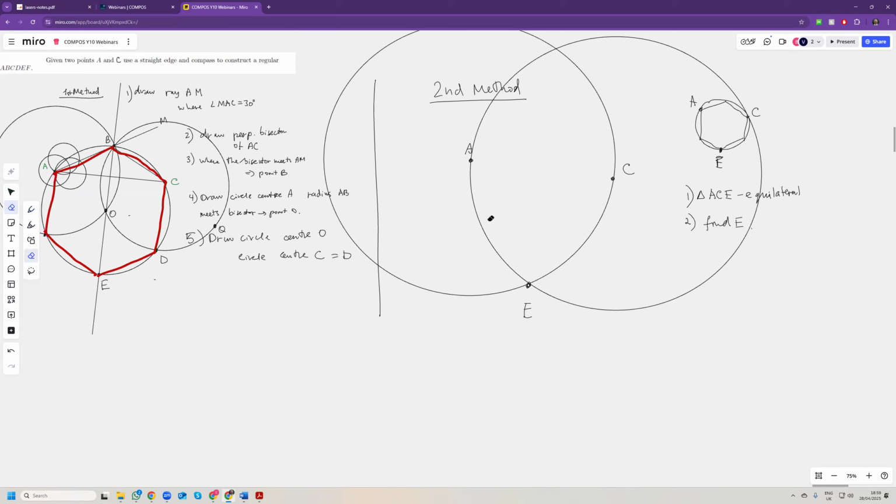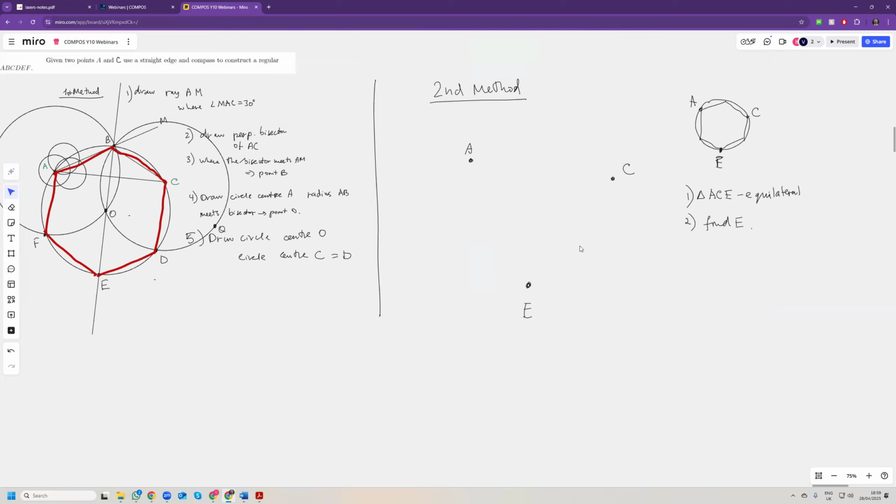And then we have an equilateral triangle, ACE. Now we can find the perpendicular bisector of AC.